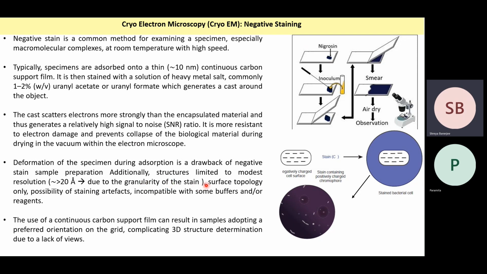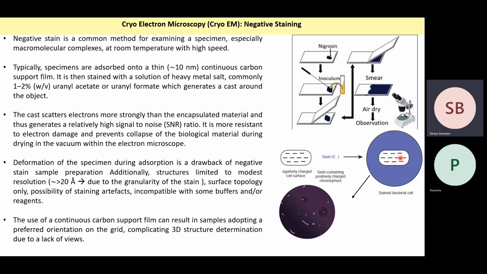Depending on if the stain is made up of very small granules, then you can observe the structure to high resolution. But there is a limit to the size of the granules of the stain. That is why this technique can only provide modest resolutions greater than 20 angstrom.